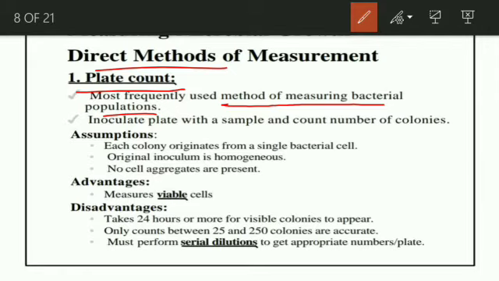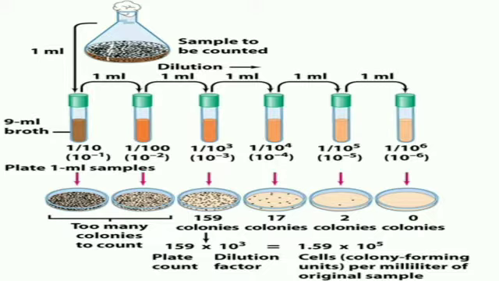In every microbiology lab, we do this kind of bacterial count. And in order to do this bacterial count, we need serial dilutions. Let us see how this serial dilution is performed, and then we will know how the plate method is performed.